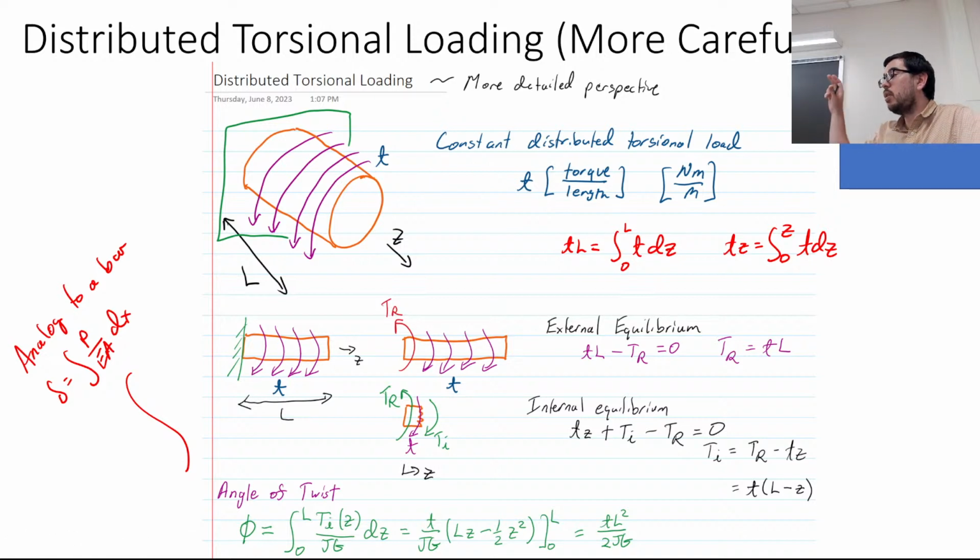We've had distributed forces that are not constant as well, and that can be a little extra difficulty, but for now, this is the approach we want to use to calculate the angle of twist for a rod that has an internal torque, whether it's from a distributed load, a concentrated load, or a varying load. This is the formula that we can use when we do the integration. Any questions? Okay, just wanted to point that out.